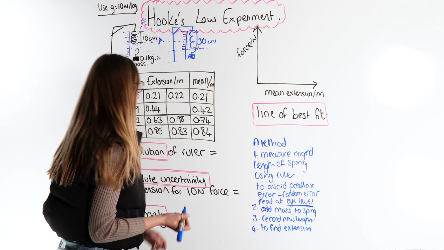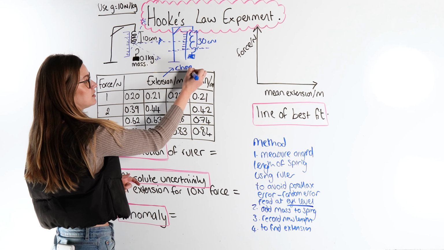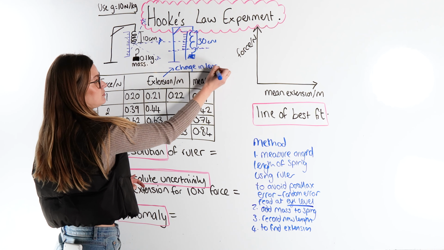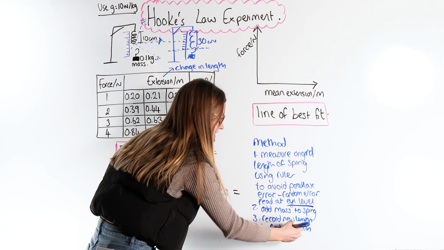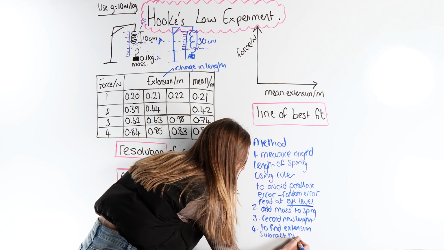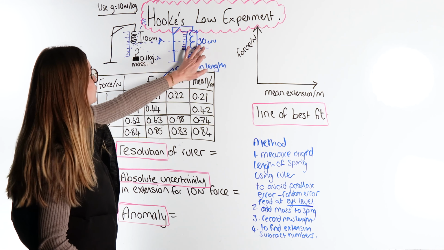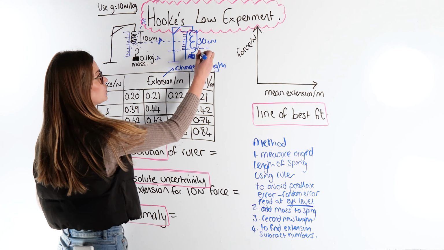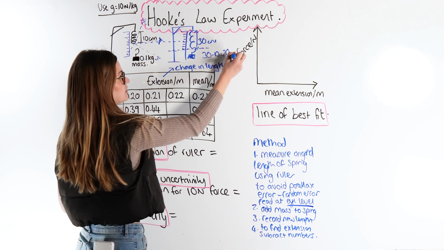Extension just means what is the change in length. So to find the extension, we just subtract the numbers. So all I'm going to do now is 30 take away 10, and I'm going to get 20 centimeters.